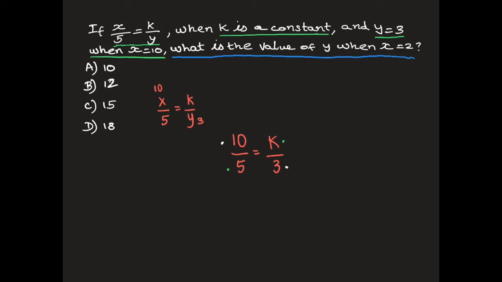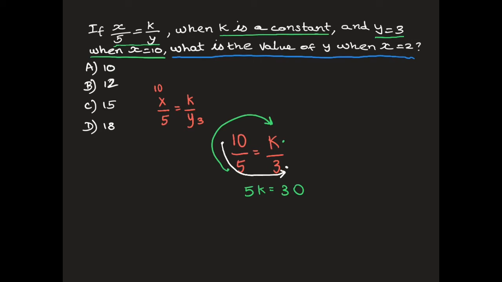So 10 times 3 is 30, and 5 times k is 5k. So 5k is equal to 30. That is our equation when we multiply across both sides.